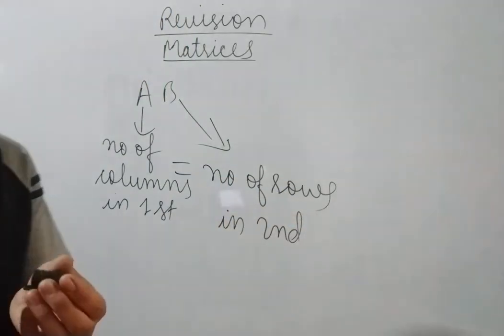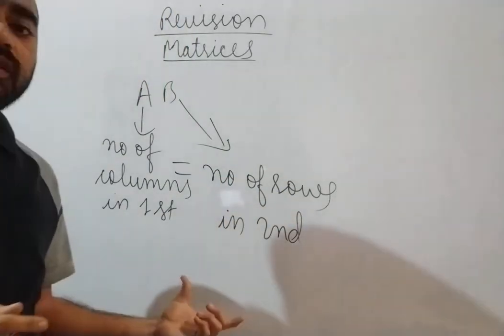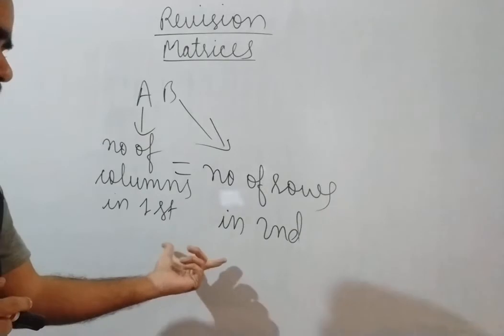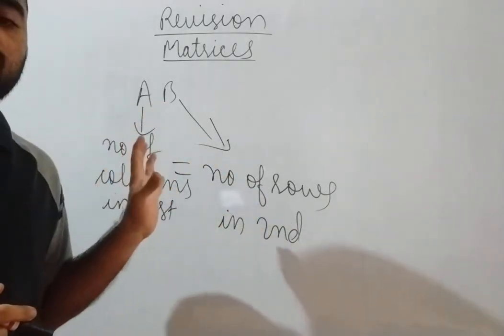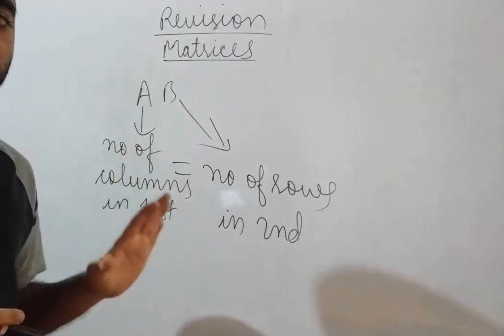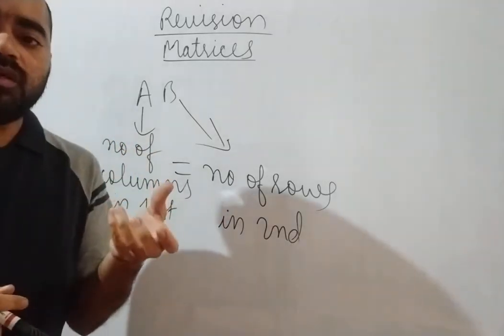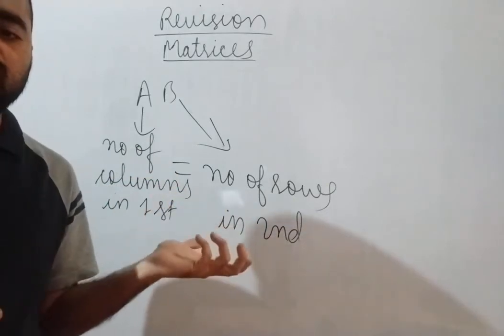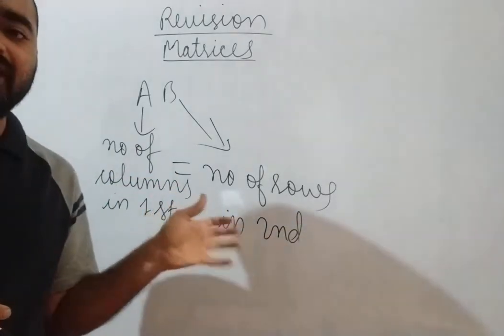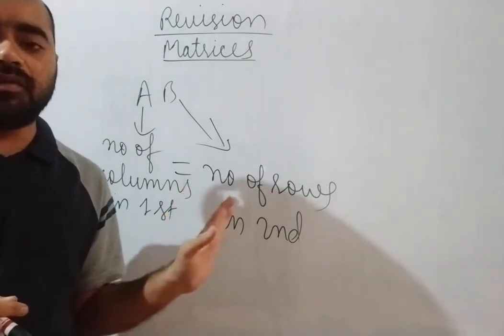Correct? Already we have studied this. So this is the condition for checking whether the product of two matrices is possible or not. So we will solve few questions, 4-5 questions involving product, addition, equality as a revision.